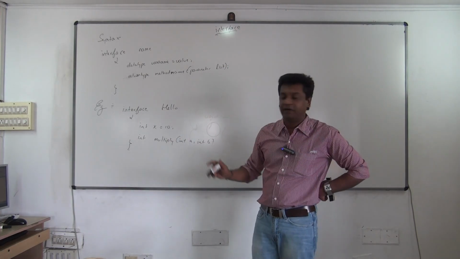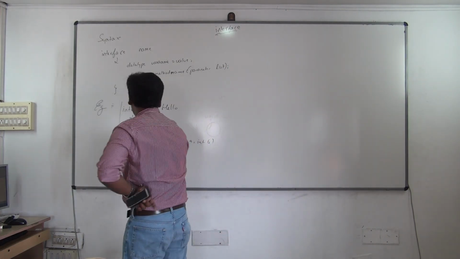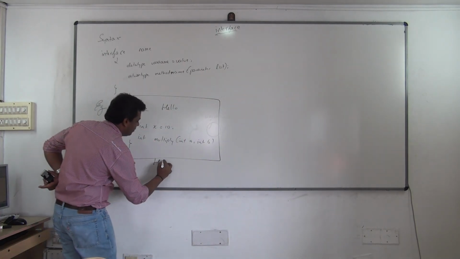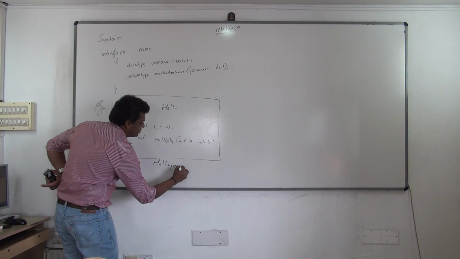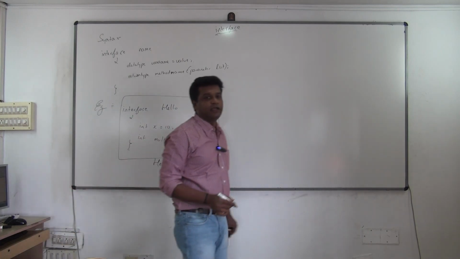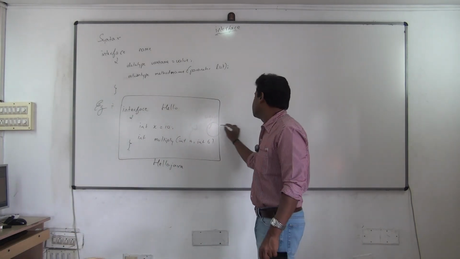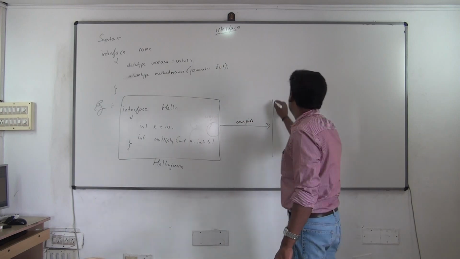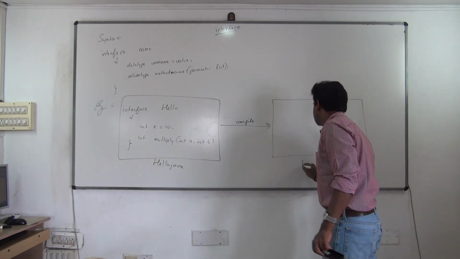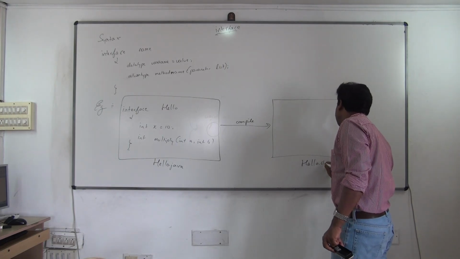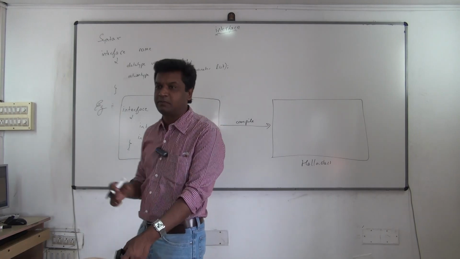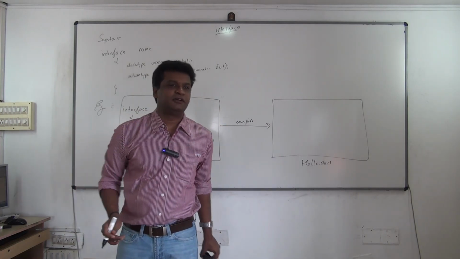The file name would be hello.java. Once you compile this, what will you get? A dot class file only. You compile any data type in Java, a class, a subclass, an abstract class, or an interface. Finally, what is generated?